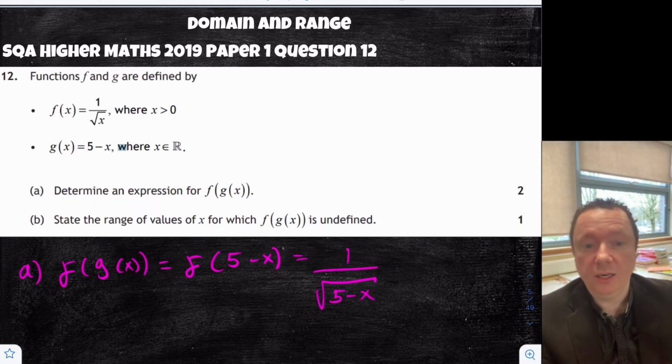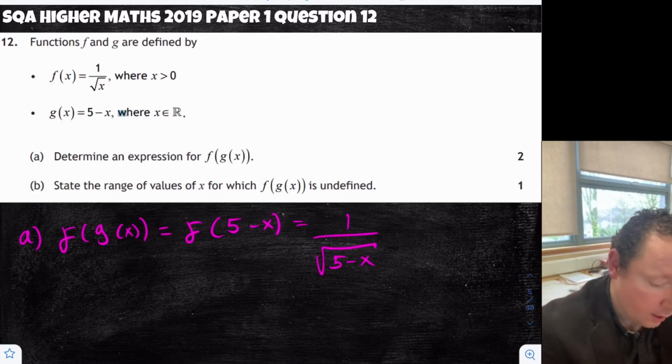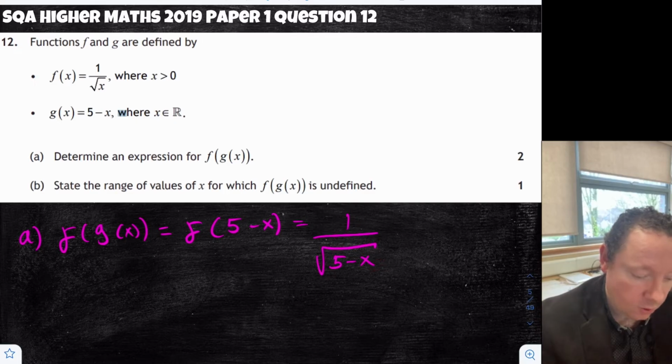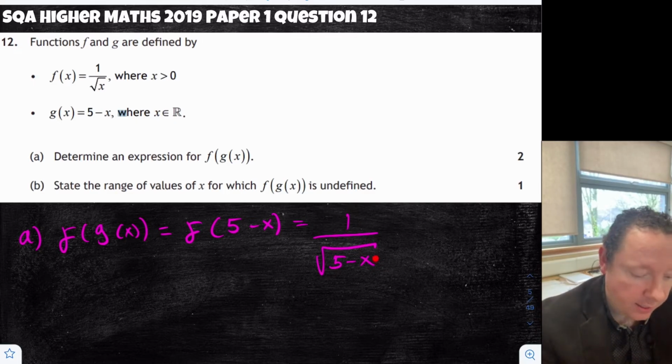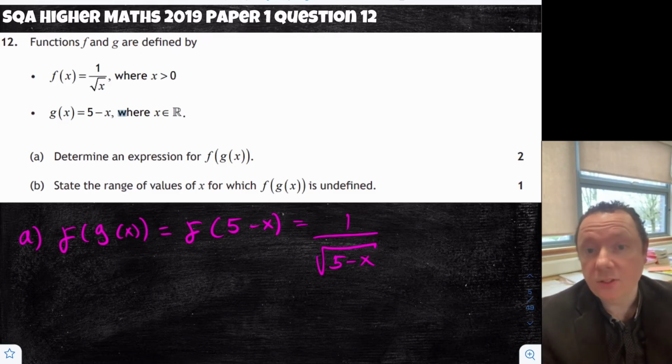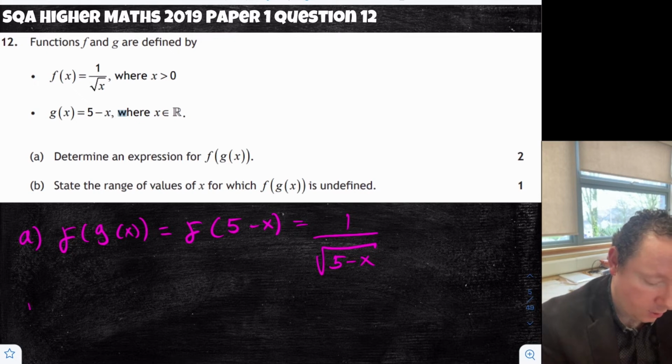And we're done there. Part B, state the range of values for which f of g of x is undefined. Well, it's undefined when either this is 0, because you can't divide by 0, or when 5 minus x is less than 0 because you can't square root a negative number to get a real value.